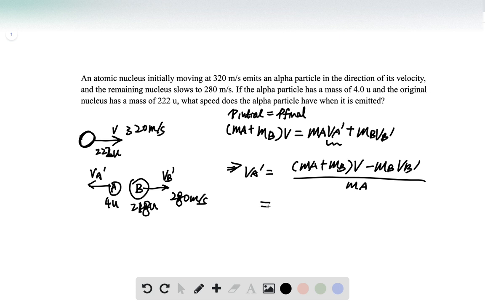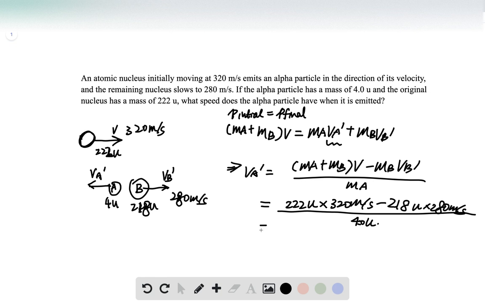The original nucleus has a mass of 222 U, times velocity 320 meters per second, minus afterwards, which is 218, MB is 218 U, times 280 meters per second, all over 4 U. Actually 4.0. Let me respect the significant figures given to me.